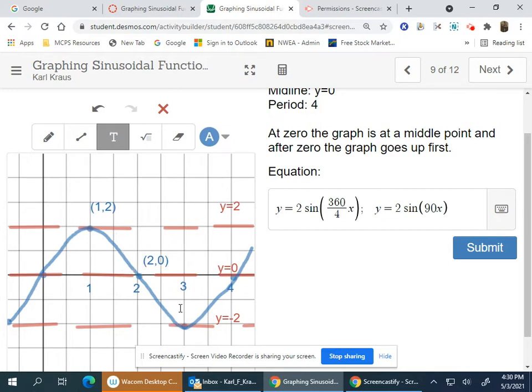This is 3, negative 2. And then back to 4, 0.